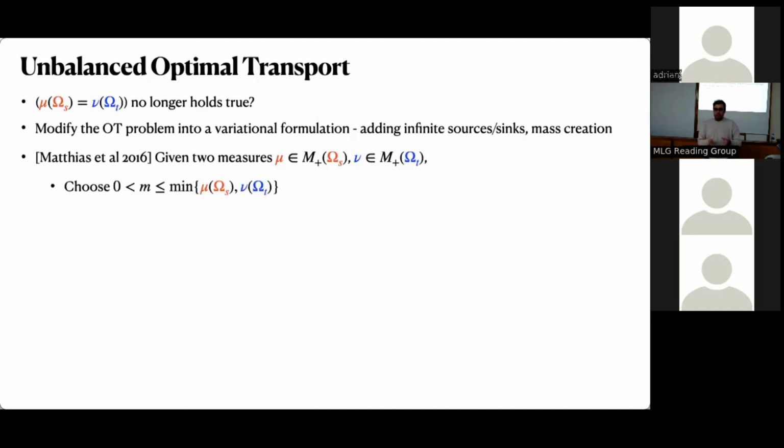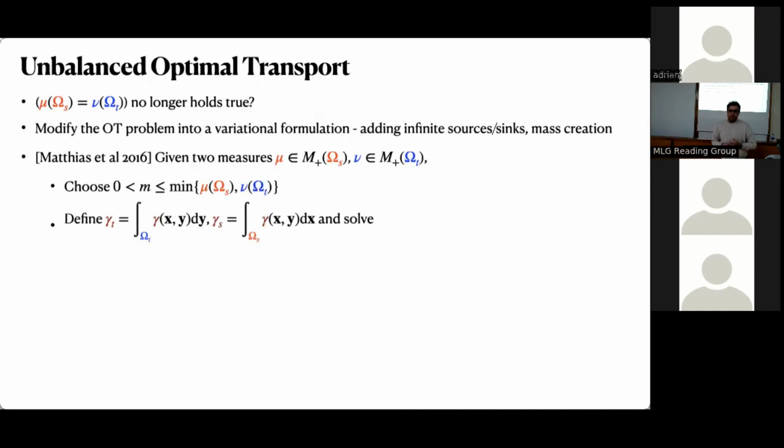That's just saying you pick an amount of mass that's less than the total mass available between mu and nu. If you're moving all the mass from mu to nu, you can't create any more mass than that. Or if nu only has a certain amount of mass, you can't move more than that from mu. So this m is upper bounded by the minimum of the two masses.